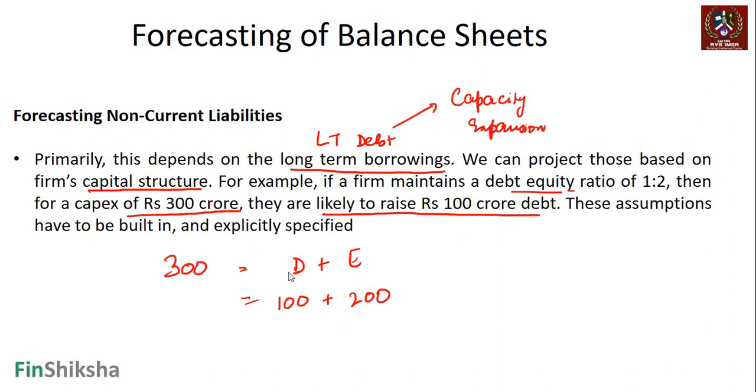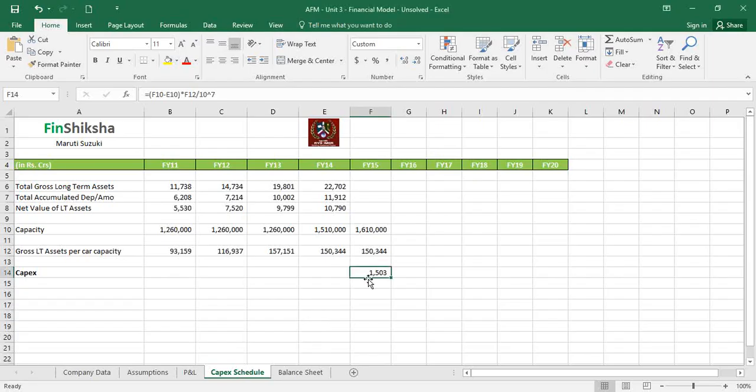These assumptions will have to be built in and specified so that everyone is clear how much debt the company will raise, right? In our Maruti example, the company doesn't have too much long-term borrowing. So there we can't really predict it. But let's say if we were to predict it, and we were to say that capex was going to happen, then we can make a projection of capex based on debt, and that would be this into, let's say, 33%.